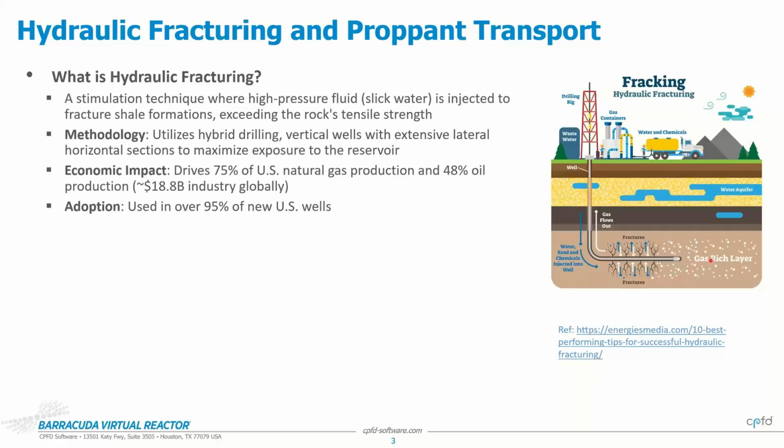Generally, with a formation like shale, the pores are not interconnected. So the oil or gas is not going to freely move through those pores into the wellbore, and you have to connect those pathways. To do that, a fracking process is used in which you inject high speed, high pressure fluid.